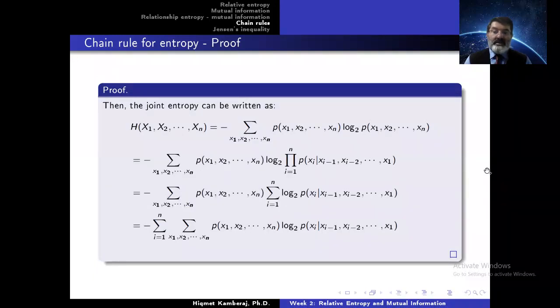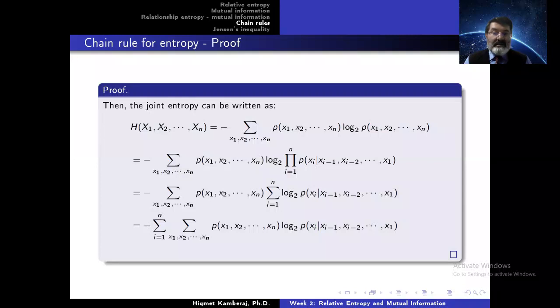Now we can use this one to calculate the joint entropy, which can be written as the following: the joint entropy H of X1, X2, ..., Xn is equal to minus the sum over all x1, x2, ..., xn of p of x1, x2, ..., xn, log with base 2 of p of x1, x2, ..., xn.